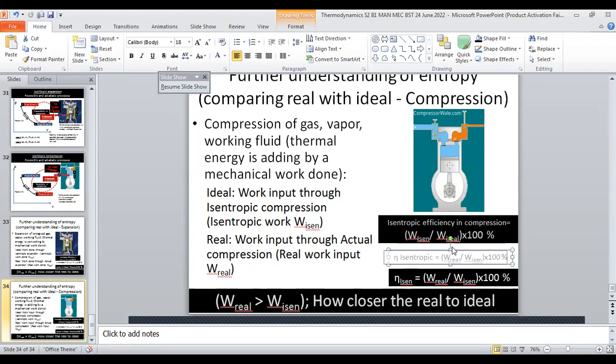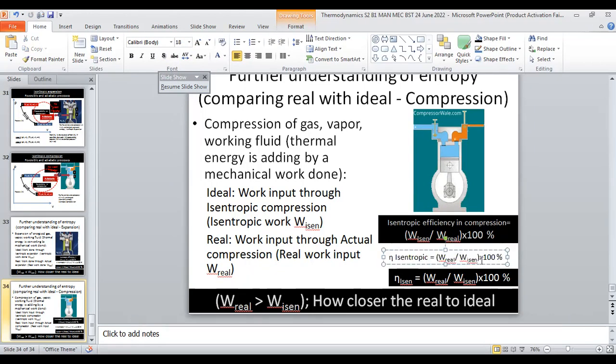So, you need isentropic compression. W isentropic to W real, see, it's changed. W real times 100%.